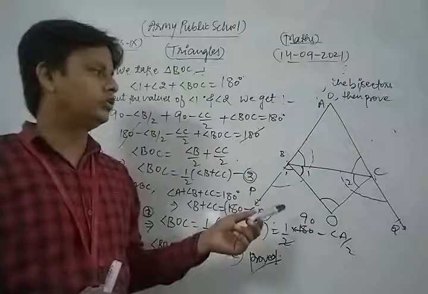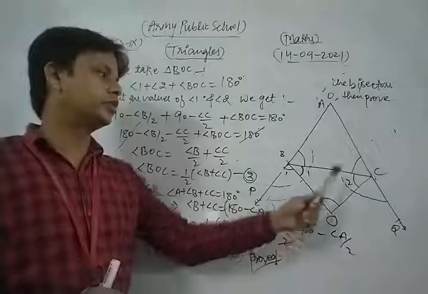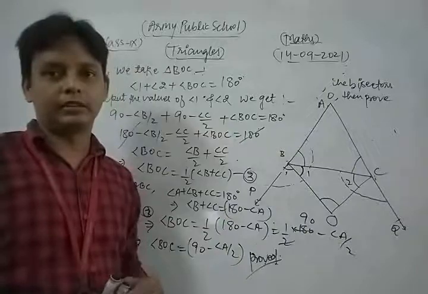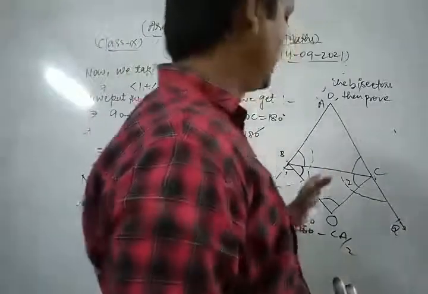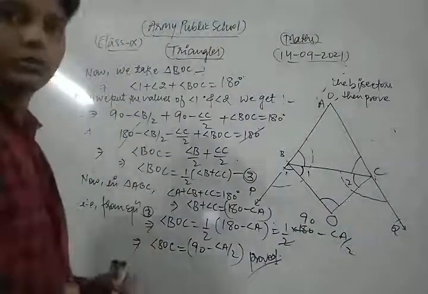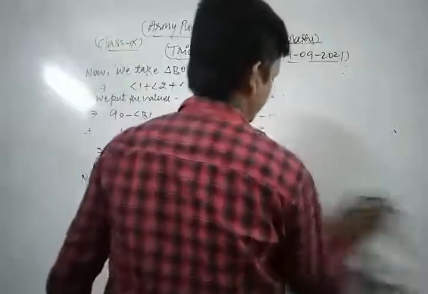Now, after finding the value of angle 1 and 2, we take triangle BOC and apply the angle sum property of the triangle. After that, we find the value of angle BOC. Okay, so this is the method to solve this question.